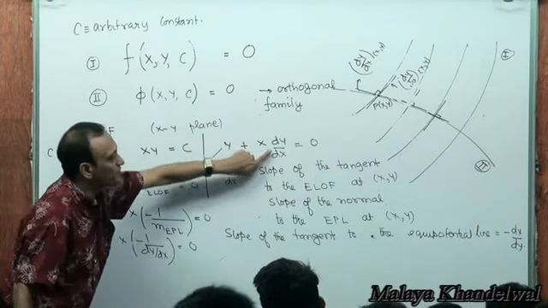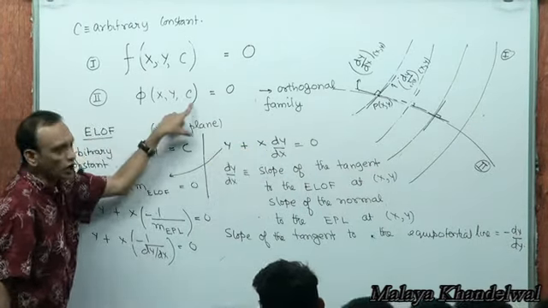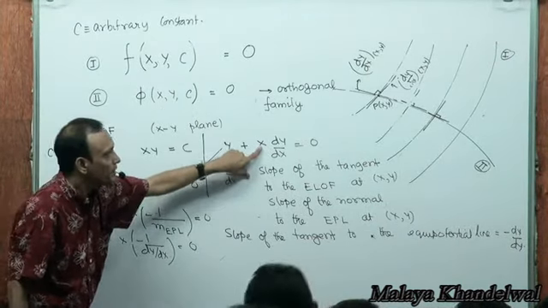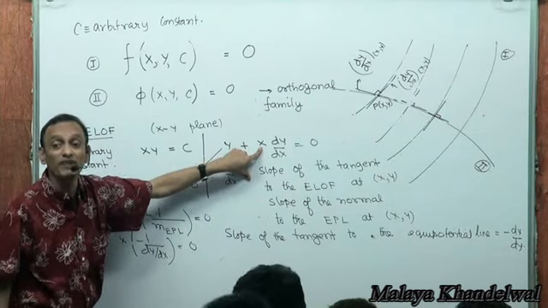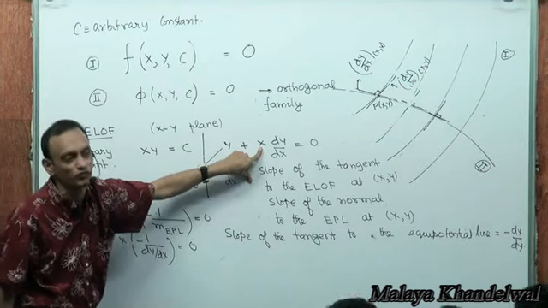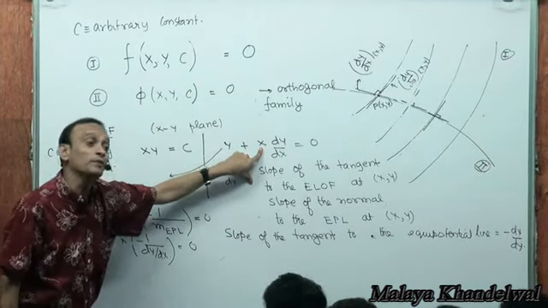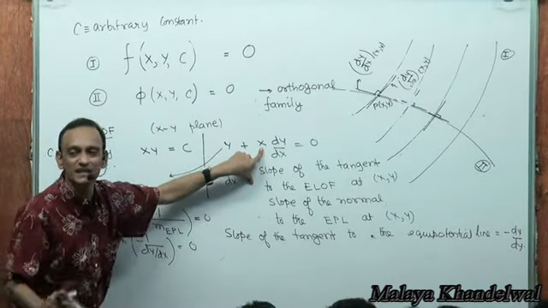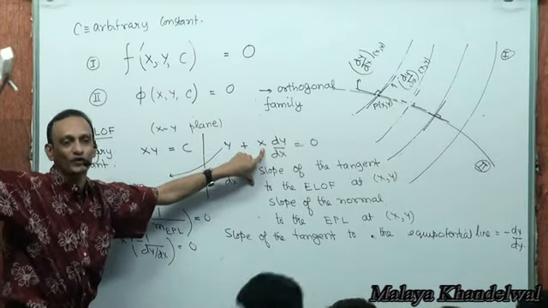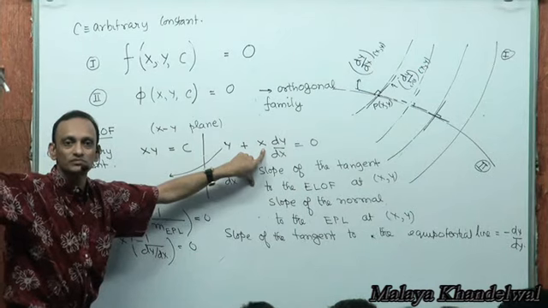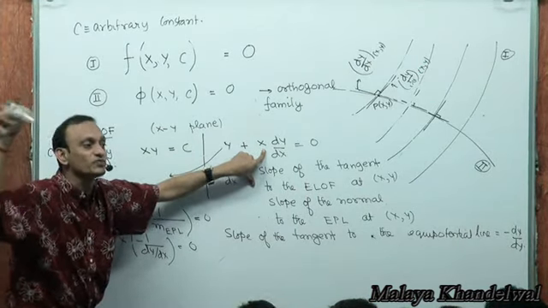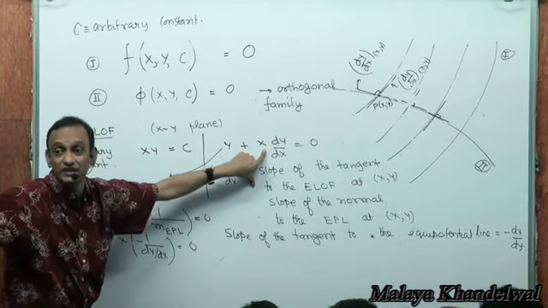If in any curve, let's say a first order curve with one arbitrary constant, I replace dy/dx by minus 1 by dy/dx and solve that differential equation, what would I get? A family of orthogonal curves. Yes or no? Wherever dy/dx appears, replace that by minus 1 by dy/dx.